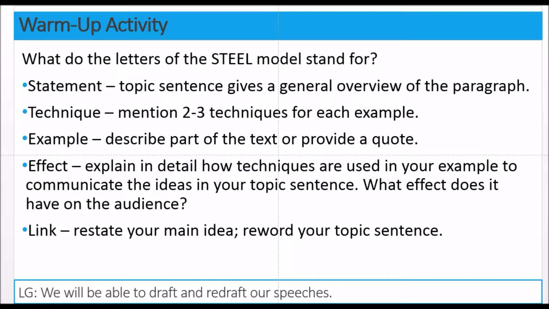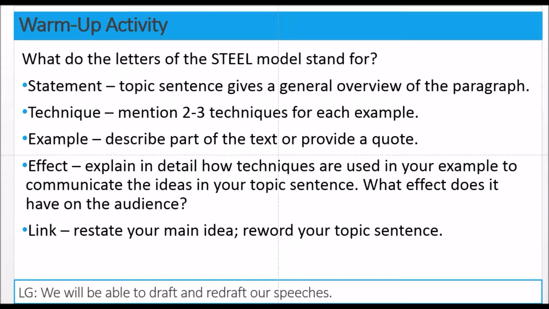Now, as we have discussed in class, I think it's actually best if you find your evidence or you find your example first of all, because that is what is really going to convince your reader that you know what you're talking about, that the point that you've made in your topic sentence is actually valid and something worth listening to. So what I would recommend is that you write your topic sentence first, establish what your main idea is, then find your example or your evidence.